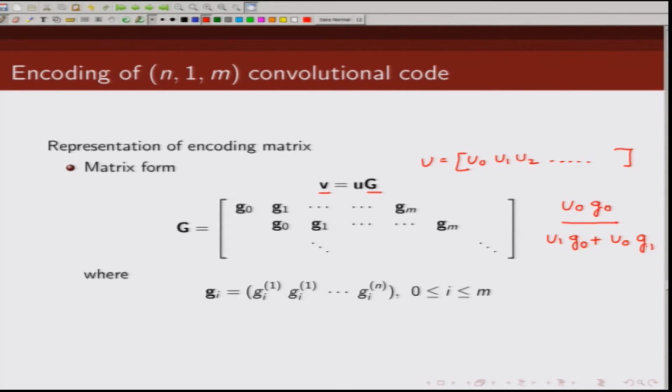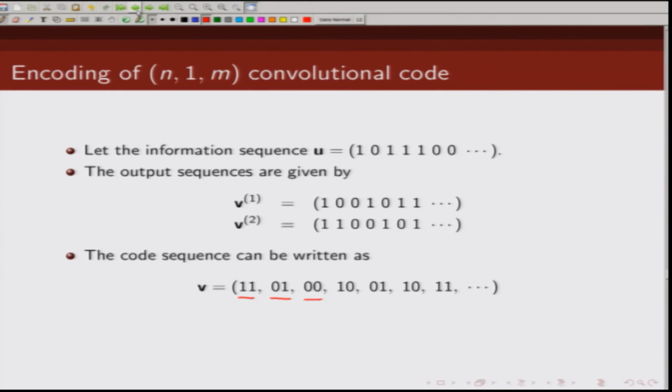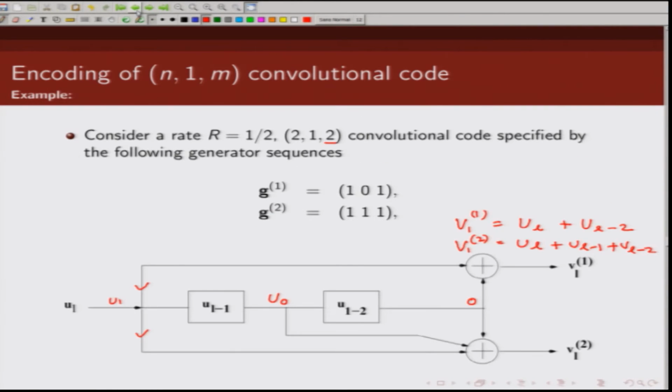fine. Next time instance, what is my output? Again go back. Now, what is going to happen is this U1 will move here. So, this will be now U1, this will become U2 and this will become U0.